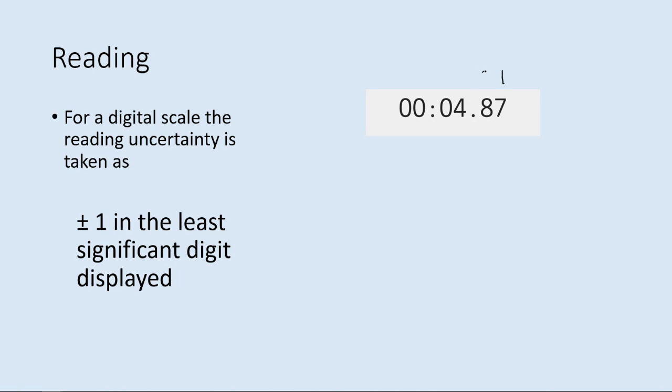If this is my time, I would state that as 4.87 plus or minus 0.01 seconds. Quite often, to make sure the units are clear, they put a bracket around that, so all of these values are considered to be seconds. That would be 4.87 plus or minus 0.01 seconds. So that's where we get our reading uncertainties from.